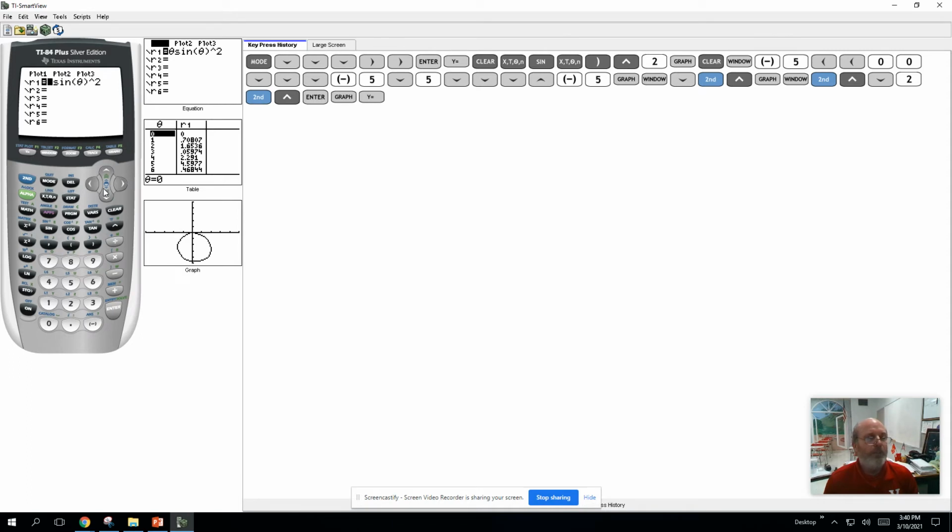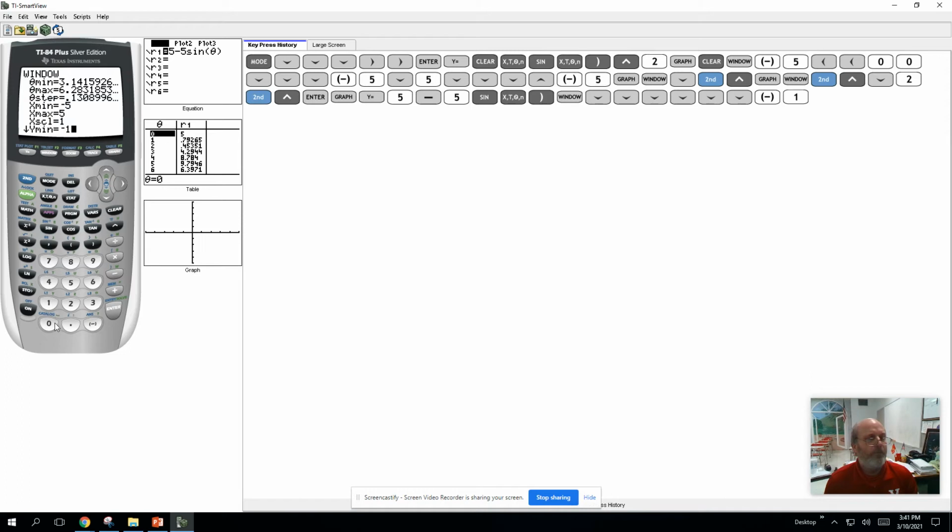Change our y equals to 5 minus 5 sine theta, sorry. Now, the window, we saw that it's going to go down to -10, so I'm going to change my y min to -10 so I can see that entire graph.